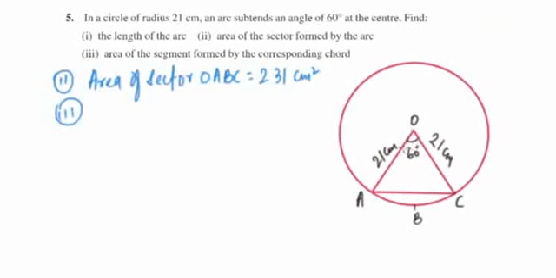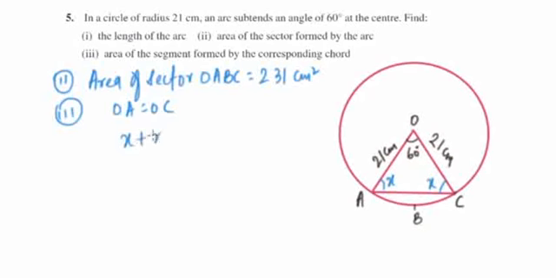As this angle is given as 60 degrees and we know that OA is equal to OC, they are the radius. Which means if these two sides are equal, their opposite angles will also be equal. Let's take it as x. So if this is x, this will also be x.